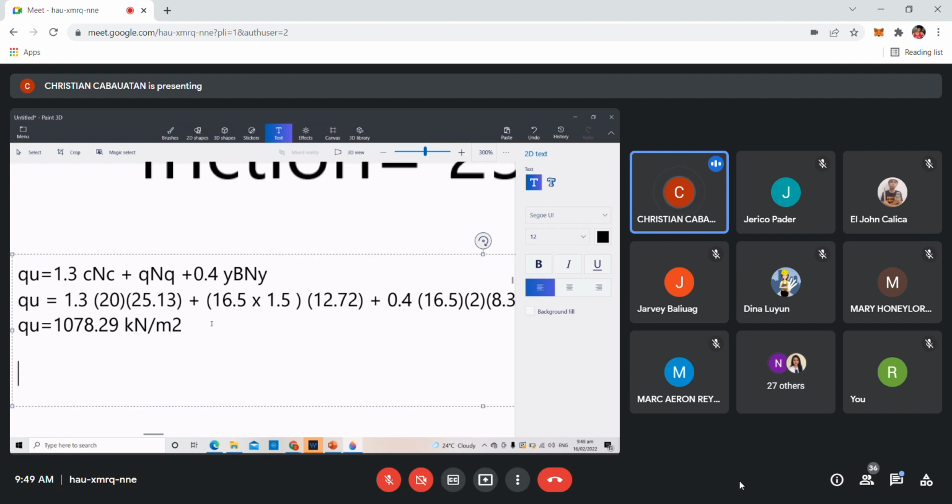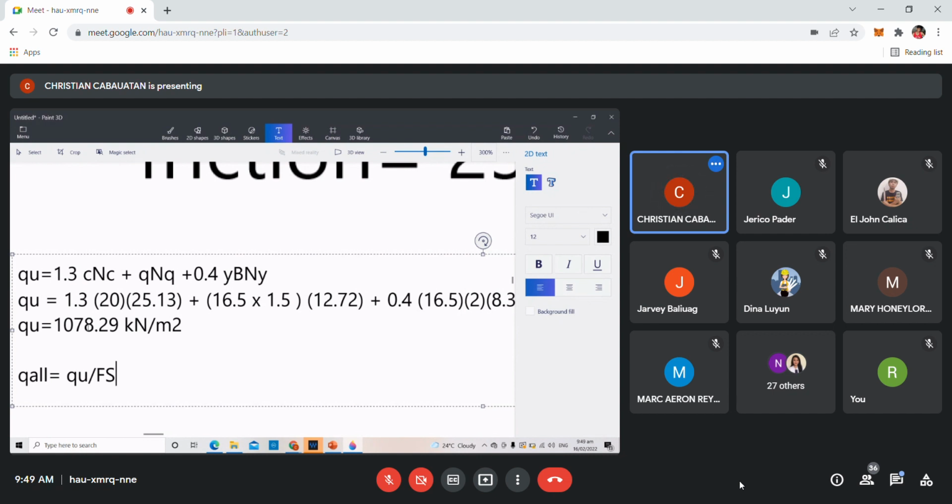Ultimate bearing capacity niya pa lang. Therefore, to determine its allowable, the Q allowable is equal to the Q ultimate divided by factor of safety.